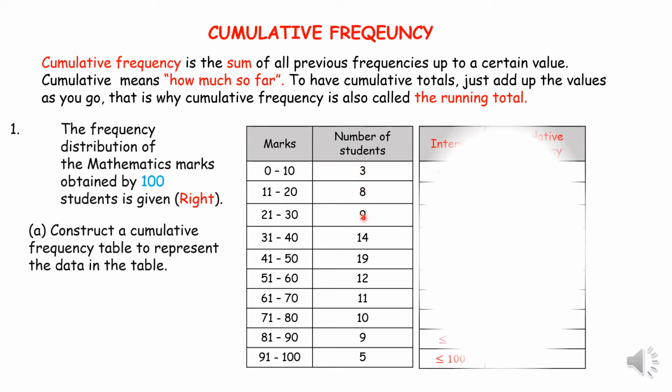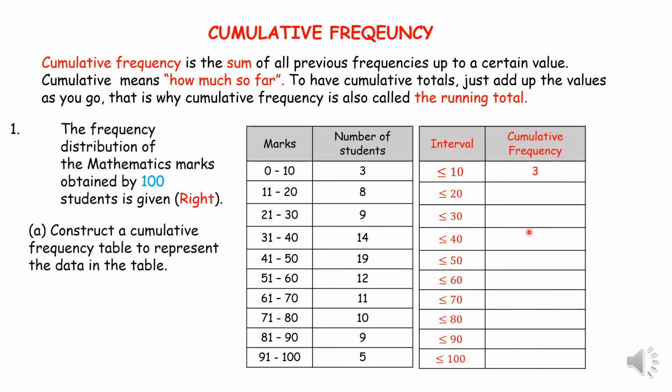Okay, so for that I bring in this part, and this first interval here shows the number of learners who have scored less than or equal to 10 marks, and from that we now know the learners who scored less than or equal to 20 marks.